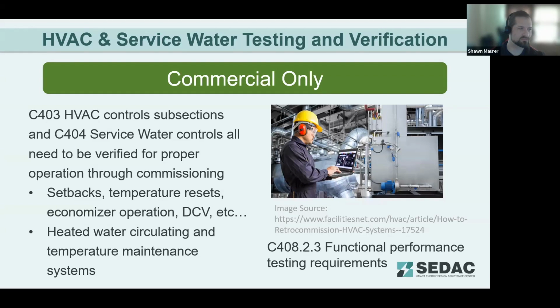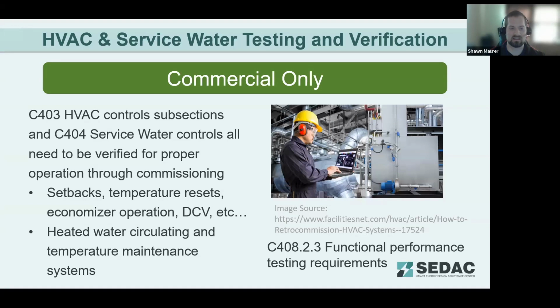Because commercial buildings are much more complex, they've got control systems in place. The next few sections are commercial only, where you've got to actually test and verify the functional performance of the control systems for those buildings. Since we've got things like economizers, thermostat setbacks, temperature controls, demand control ventilation, all those things need to be verified that they're working properly through a commissioning process.